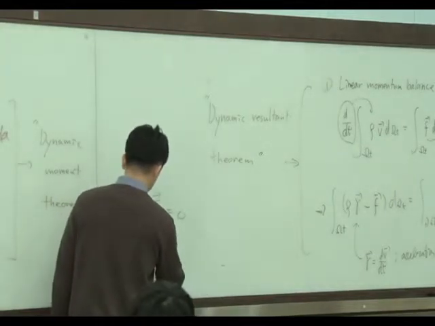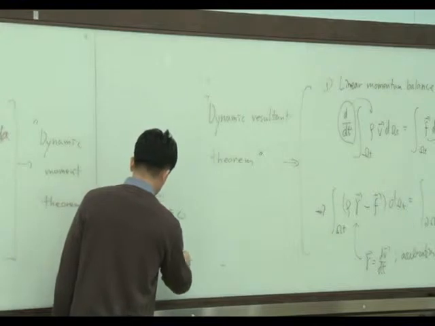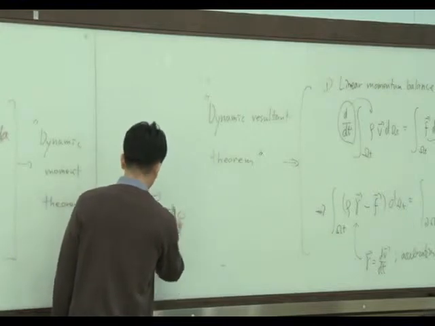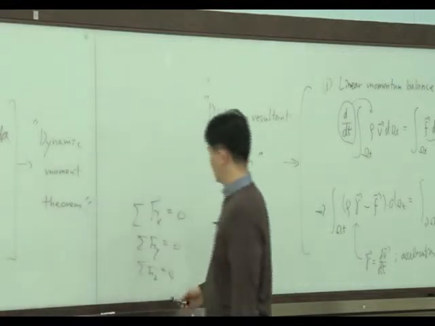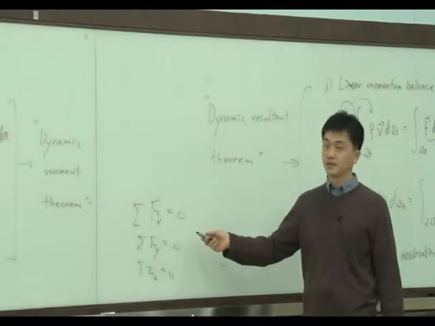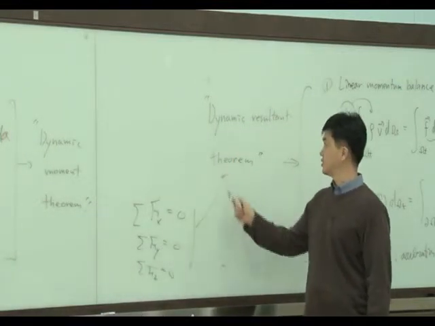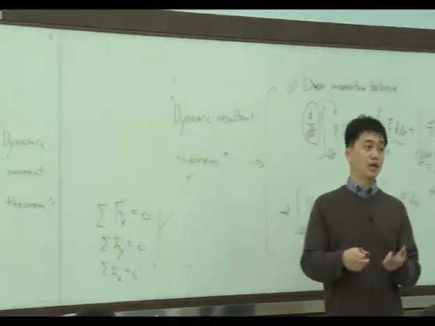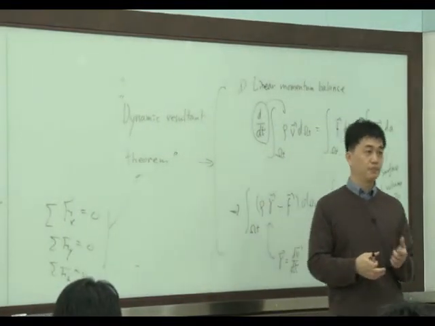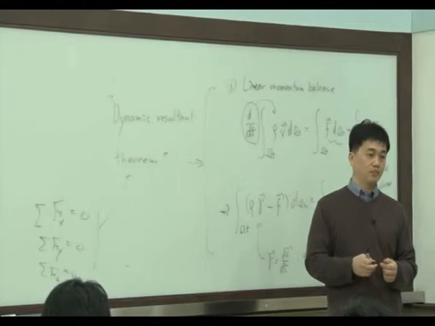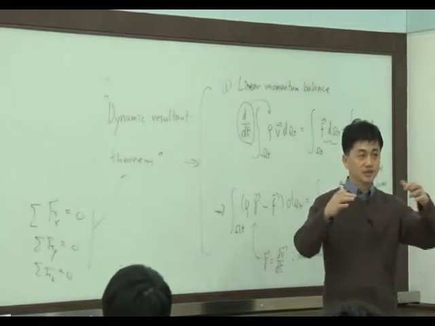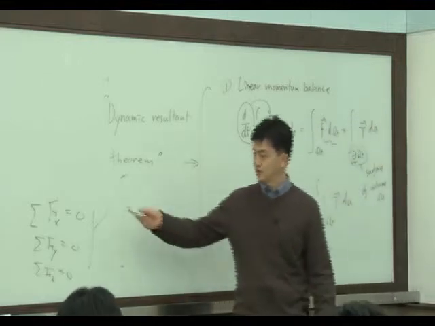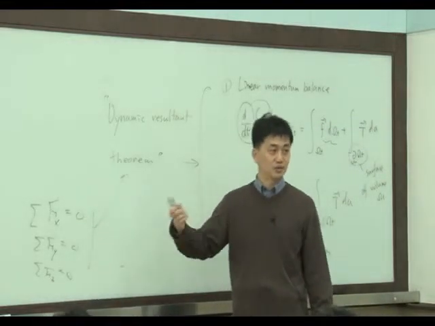Sum of Fy equals 0, sum of Fz equals 0, for static problems. This is the same thing. This is the dynamic resultant theorem when the body doesn't have a motion. For some fixed body, we use this equation to solve.